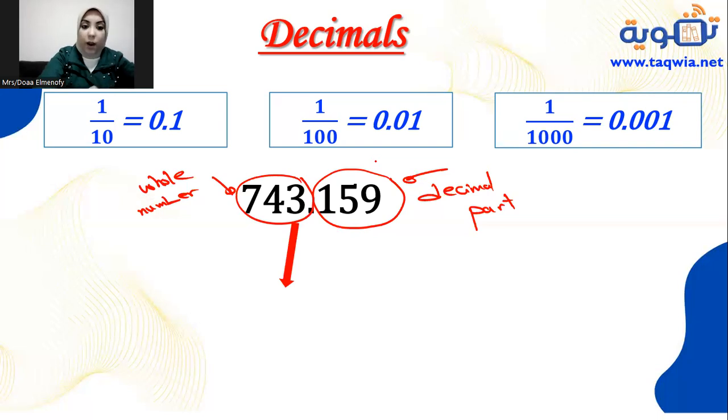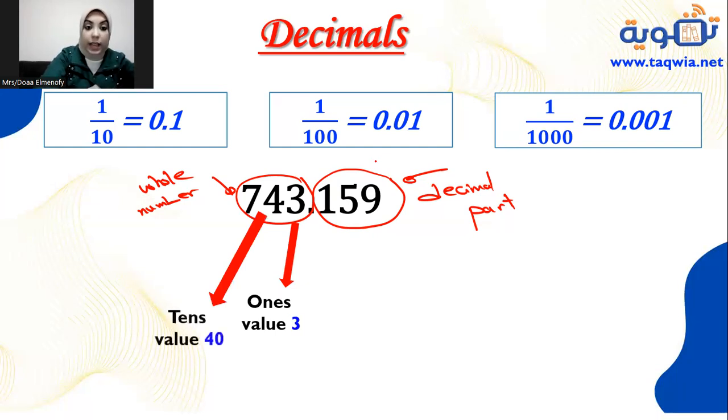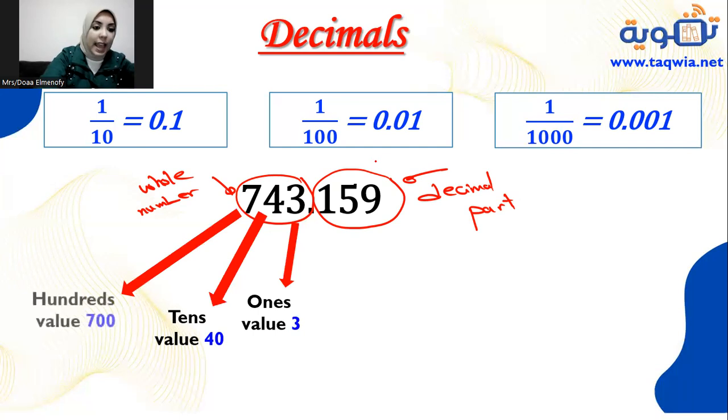And how can we write its value? The value is 3. What about 4? 4 is in the tens place, and its value is 40. What about 7? 7 is in the hundreds place, and its value is 700.